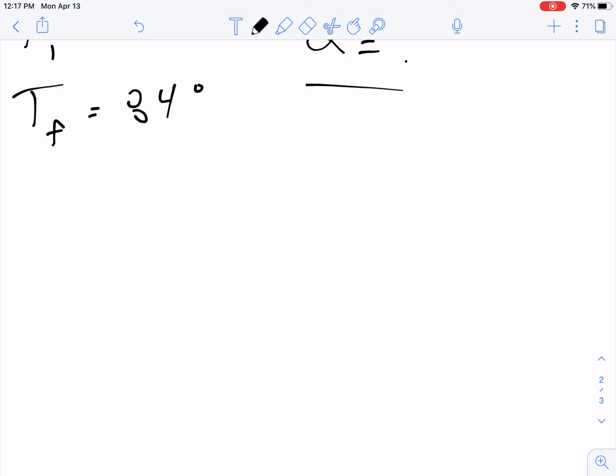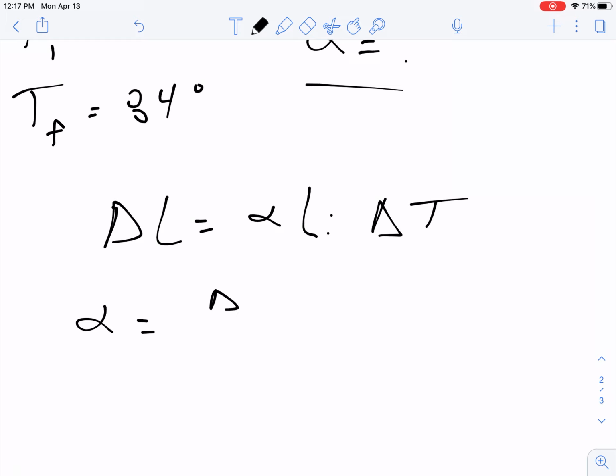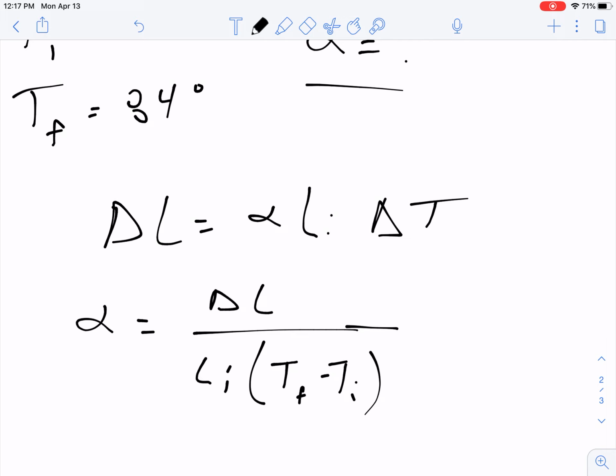Well, let's see. Delta L is going to be alpha L initial delta T. So alpha is going to be delta L divided by the initial length times the change in temperature, which would be T final minus T initial. All right, let's plug in our numbers.